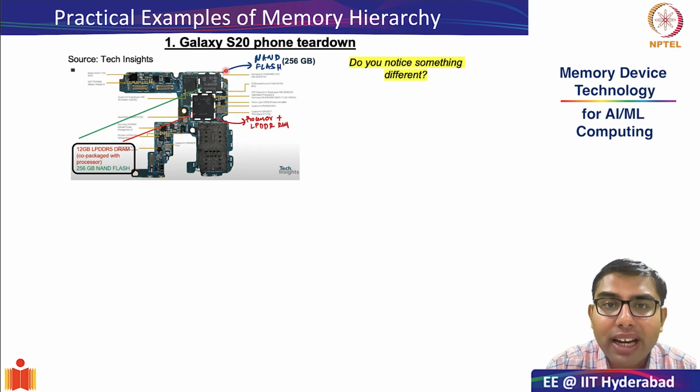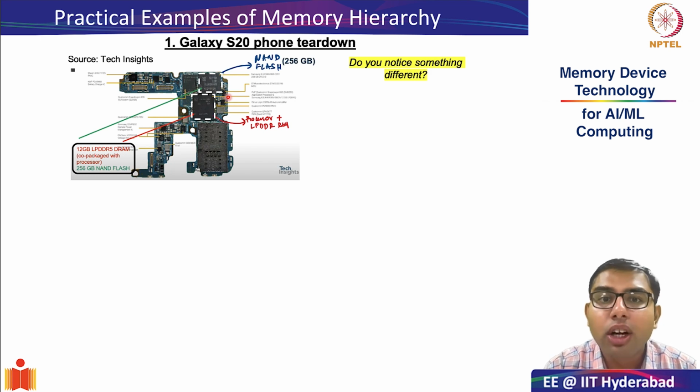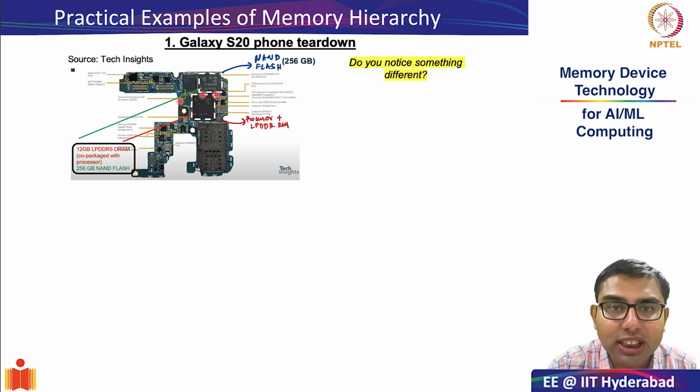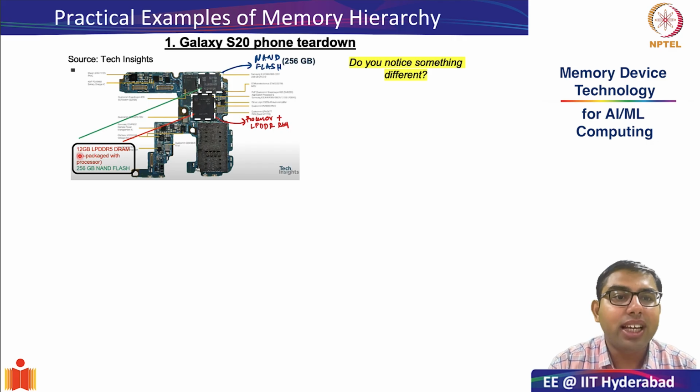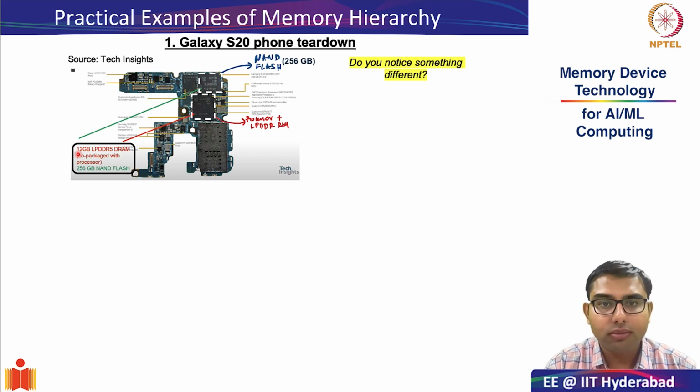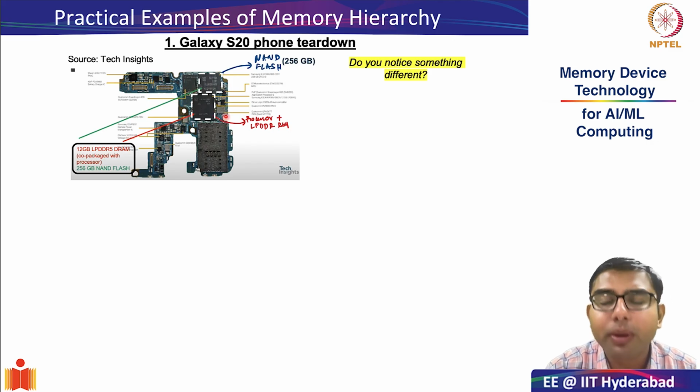So, for your benefit, I have marked out two of the chips. The first chip, which I am now indicating with my laser pointer, is the following. It is a 12 GB LPDDR5 DRAM, which is co-packaged with the processor. What is this chip? It consists of your CPU or your logic element, co-packaged with DRAM.